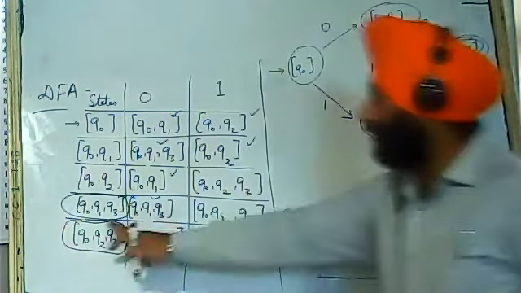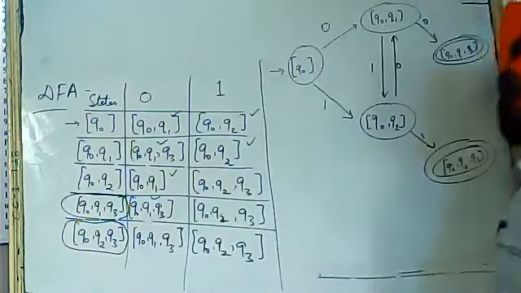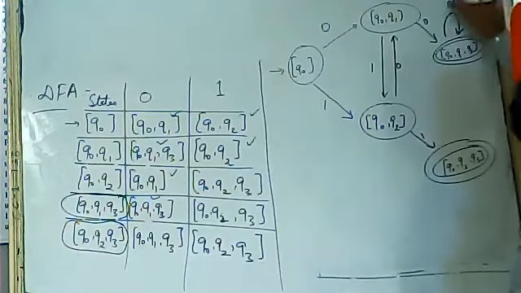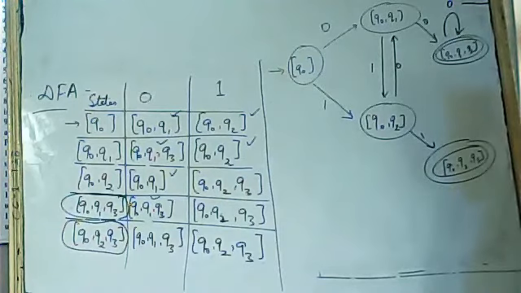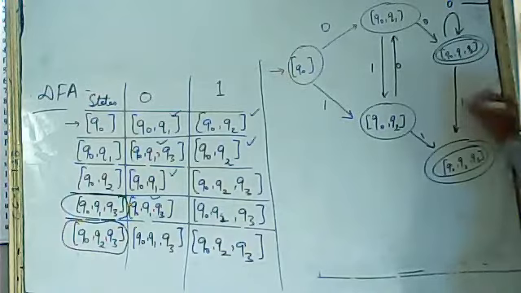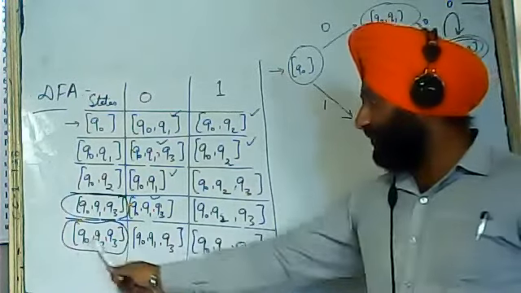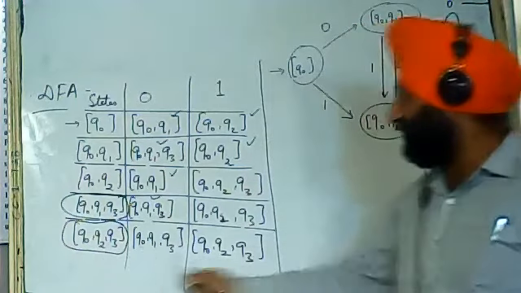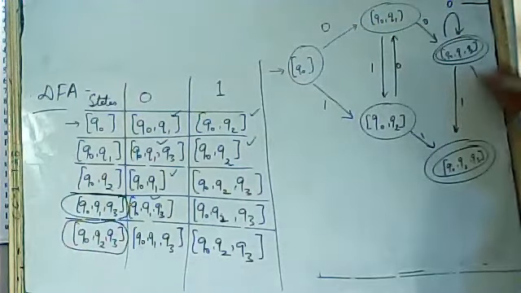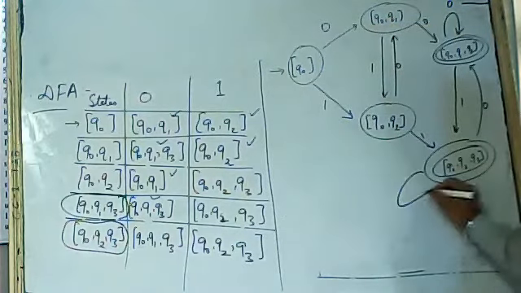Next, [q0, q1, q3] upon 0 is going to itself, and upon 1 it is going to this state. Next, the last row, [q0, q2, q3]: upon the processing of 0 it is going to this state, and upon the processing of 1 it is going to itself.